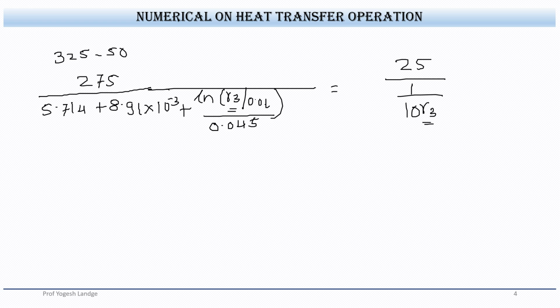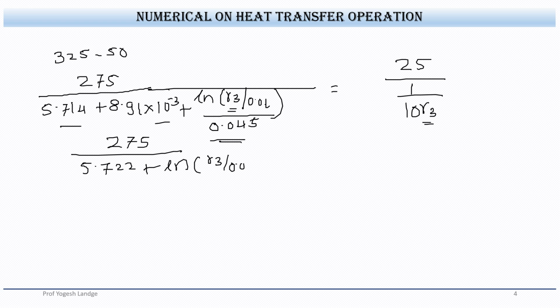So after doing all the calculations, we just move it again into a simple form, 275. I just add these two, which is the negligible one, and we got the value 5.722 plus this term. Okay, it is ln of R3 by 0.01 upon 0.045.